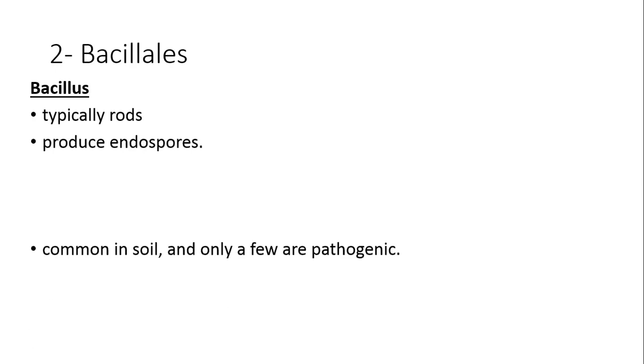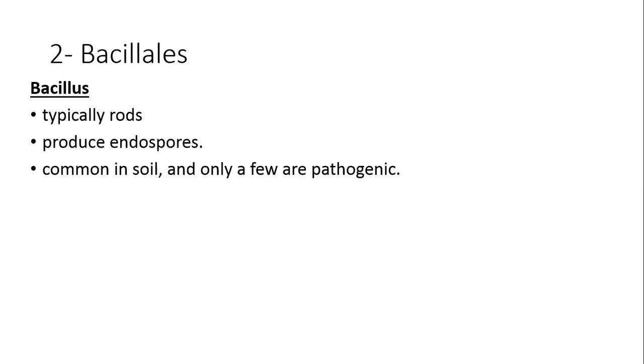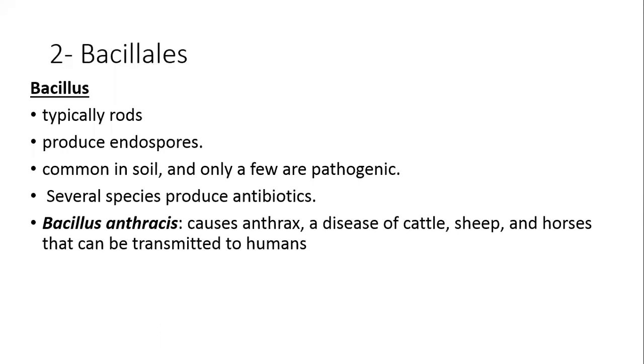They produce endospores. They are basically non-pathogenic, but very few are pathogenic. So we'll discuss those pathogenic strains. They are also producers of many antibiotics. They produce so many antibiotics which are commercialized and are being used. And one of the pathogenic strains is Bacillus anthracis, and it causes anthrax.